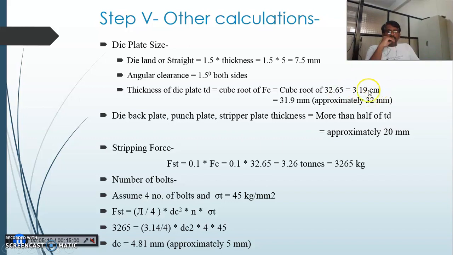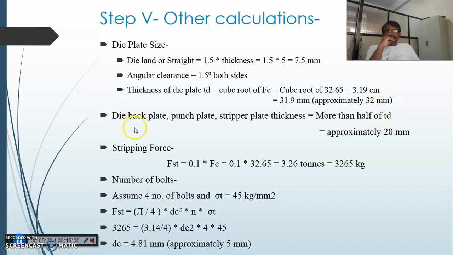So the value comes in centimeter if we put the value of FC in tons. You have to convert 3.19 centimeter into millimeters, so it will be 31.9 millimeter, the thickness of the die plate which is required so that it can sustain the cutting forces. So approximately we are taking 32 millimeter as the die plate thickness.